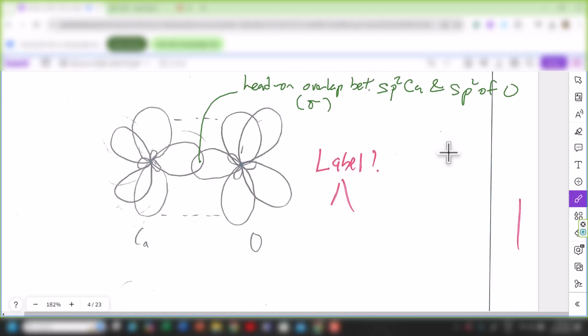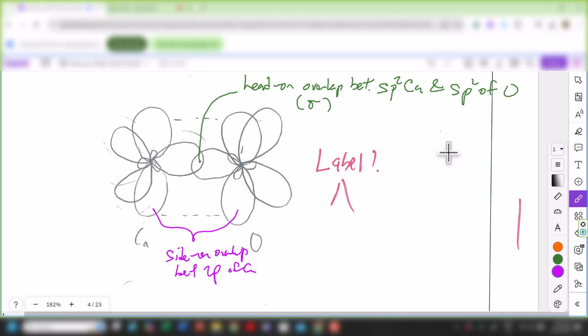Then for the other one, you can highlight this one. It's actually the pi overlap or side-on overlap between 2p of C and 2p of O. Just highlight directly.